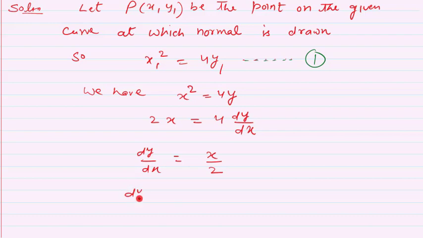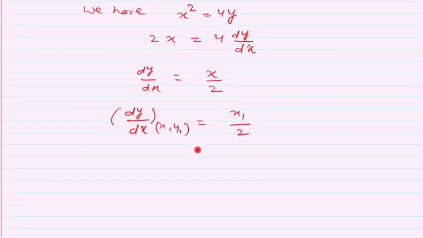Now as we have done earlier, dy upon dx at x1 y1 is x1 upon 2. Now we are having slope of tangent as well as the passing point of the normal. So we are talking about normal, so from here we'll calculate the slope of normal.